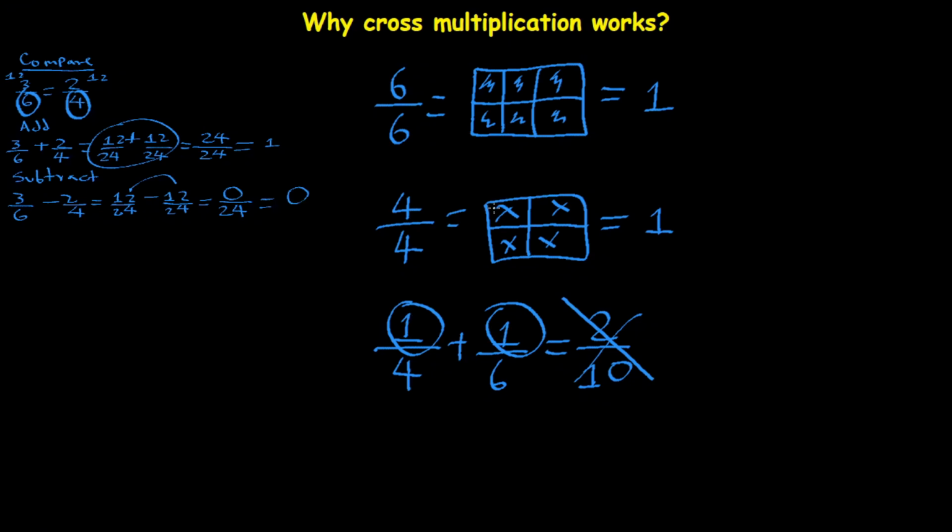Because this one right here doesn't have the same value as this one right here. This one is slightly bigger than this one, and being that said, it doesn't make sense to sum them up. We could do 1 plus 1 equals 2 if they have the same value, if they are equal. But in this case, this one right here is slightly bigger.